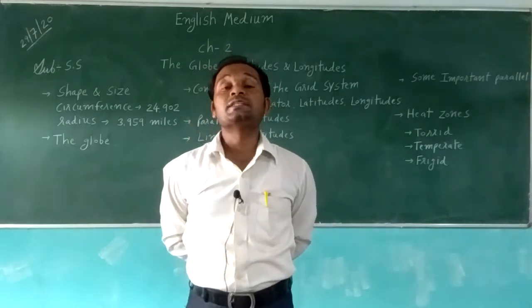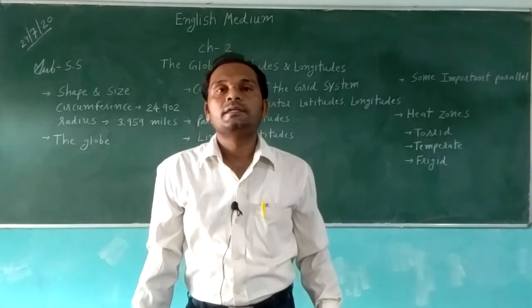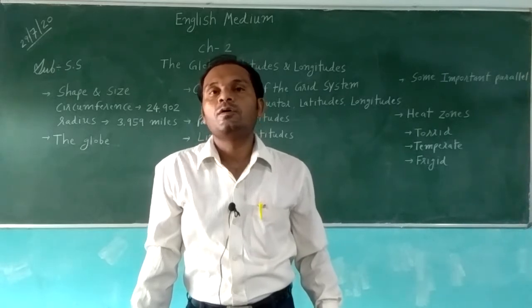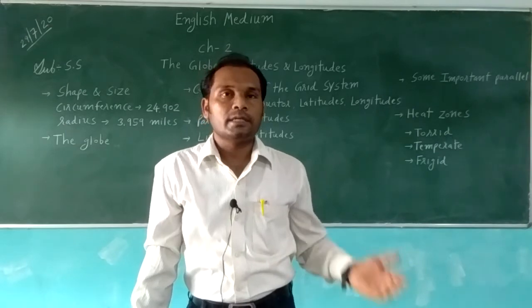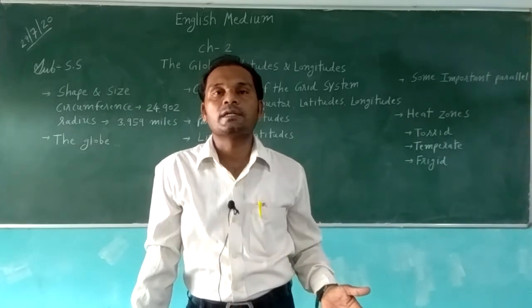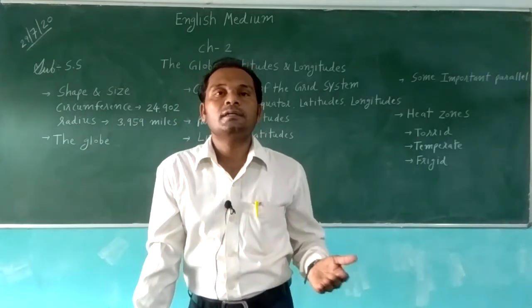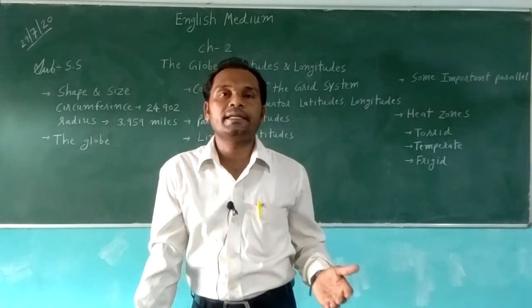The places near the equator receive direct sun rays, so they have hot temperature, and the places which receive less sun rays, which are near the Arctic Circle and Antarctic Circle, have low temperature, because they are getting slanting sun rays.